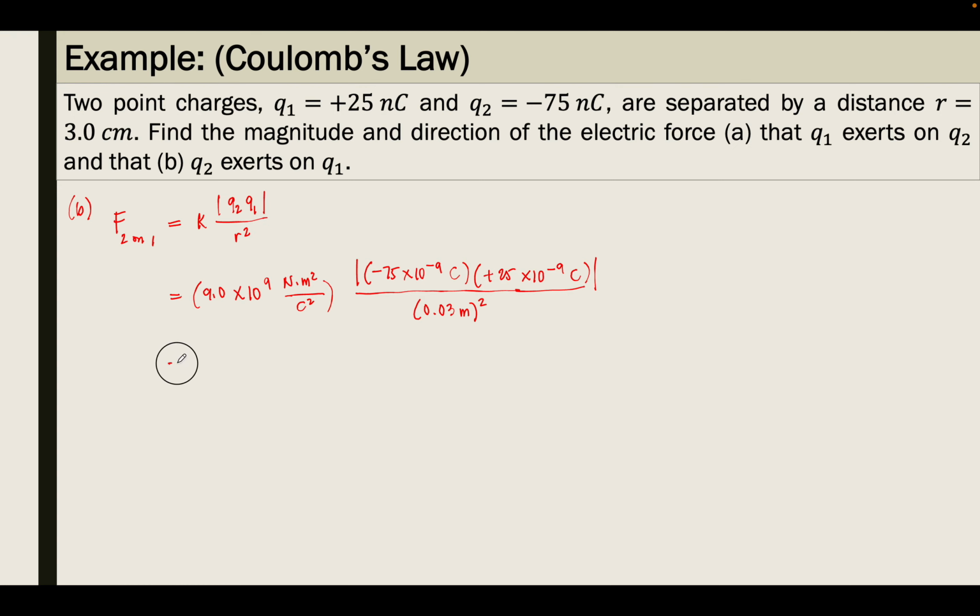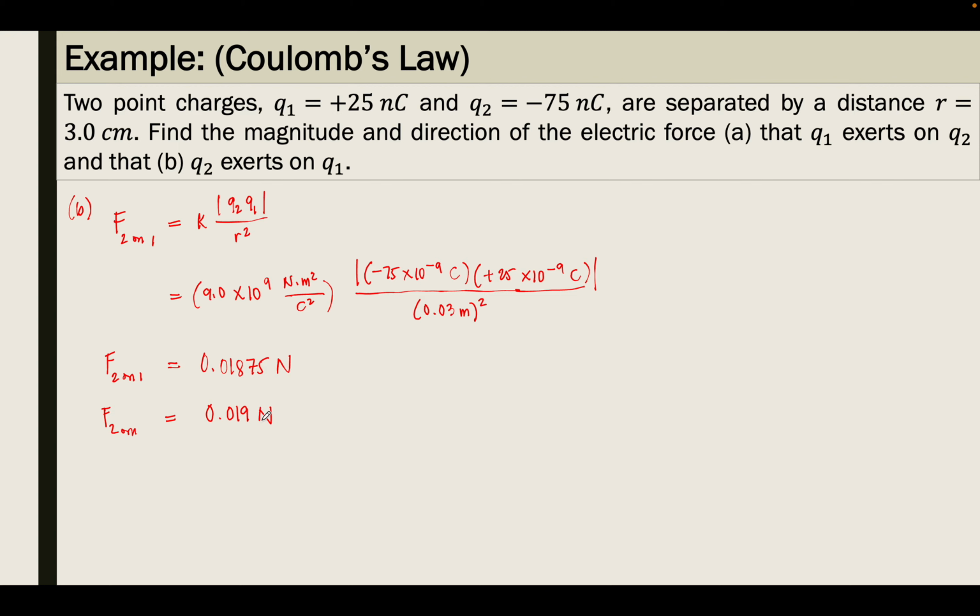If we calculate this one, we will still arrive at the same value as letter A, which is 0.01875 Newton, or 0.019 Newton. So meaning the magnitude of the force that Q1 exerts on Q2 is equal to the magnitude of the electric force that Q2 exerts on Q1.